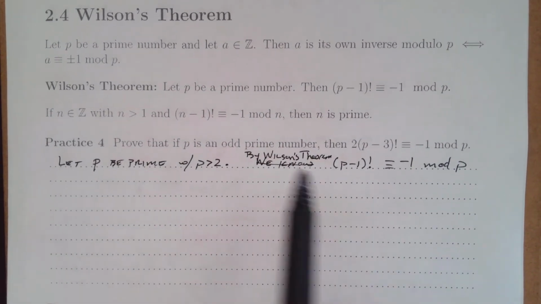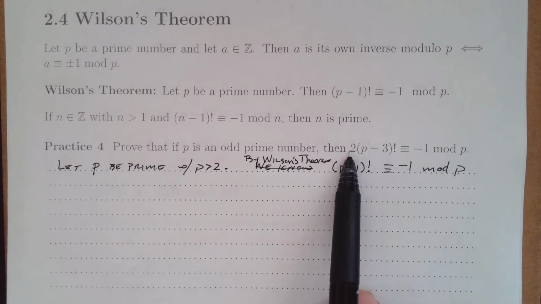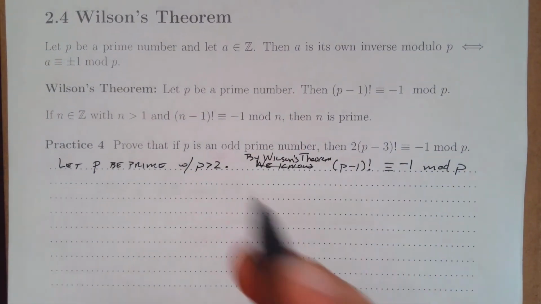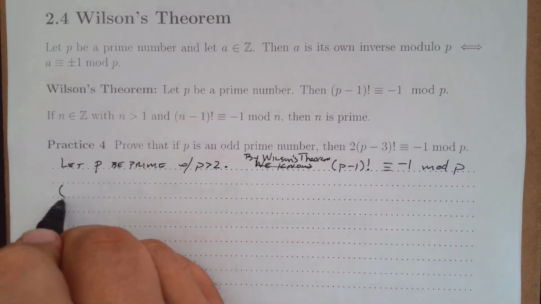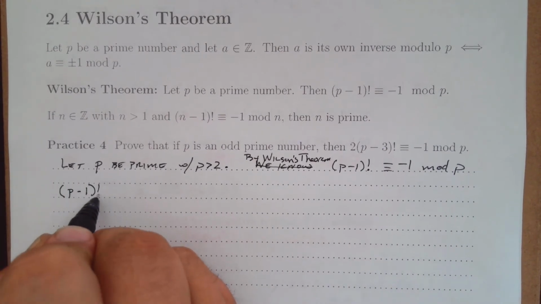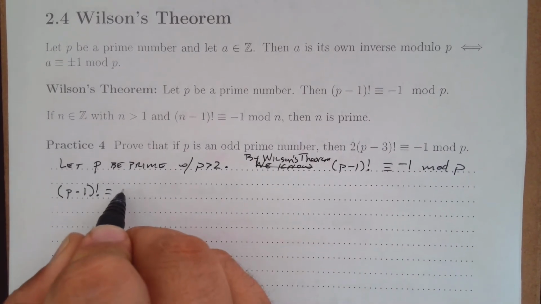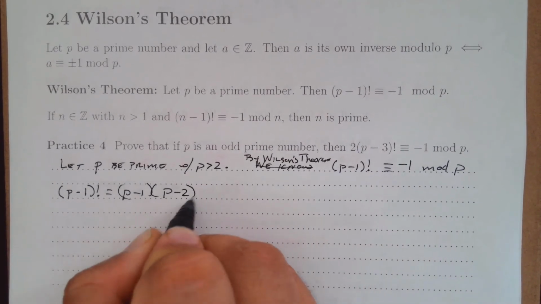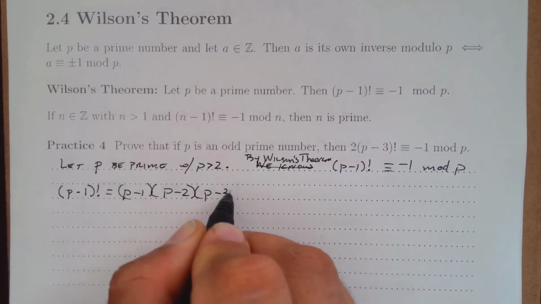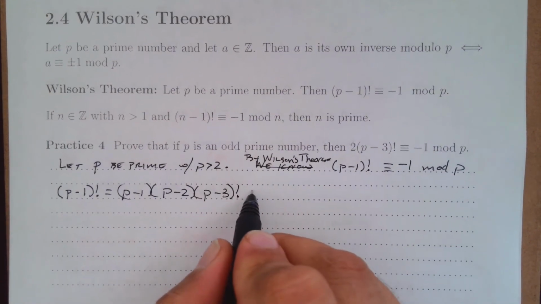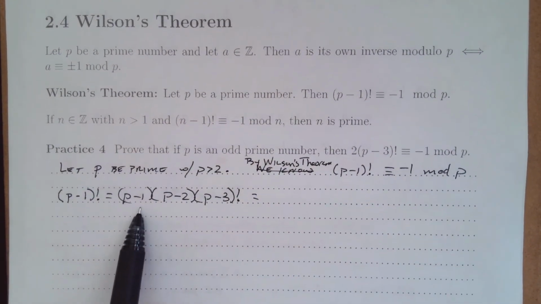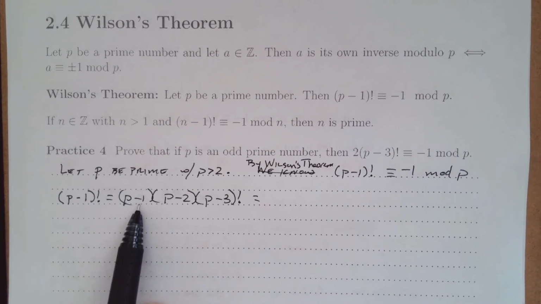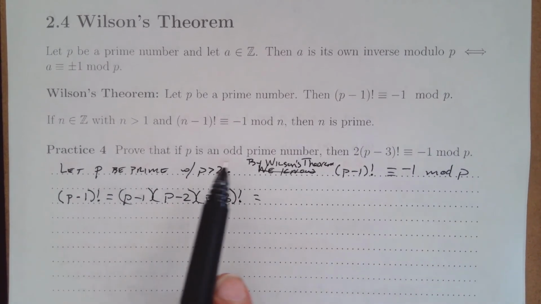Now I'm going to try and pop out a 2 times (p − 3)! out of my (p − 1)!. To do that, I'm going to say that (p − 1)! is equivalent to (p − 1) times (p − 2) times (p − 3)!. Now p − 1 is an even number because p is odd.